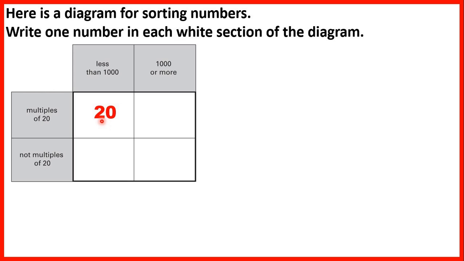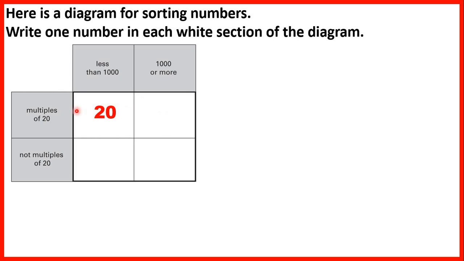So we could have the number 20 here, because 20 is in the 20 times table, and it's less than 1000. But there are lots of possible answers here. We could have 40, 60, 80, 100, and so on.